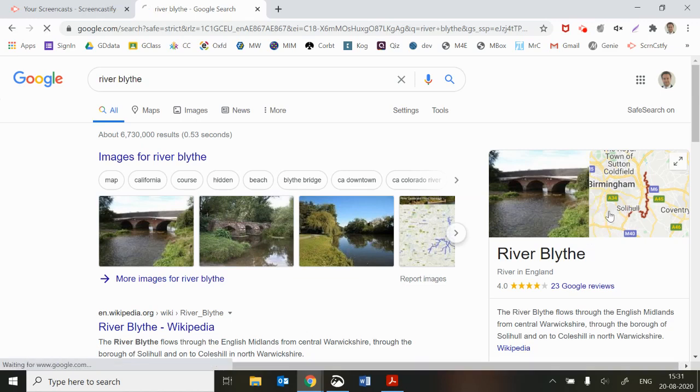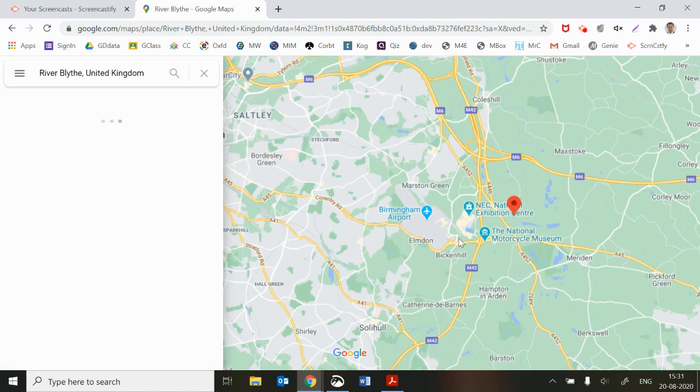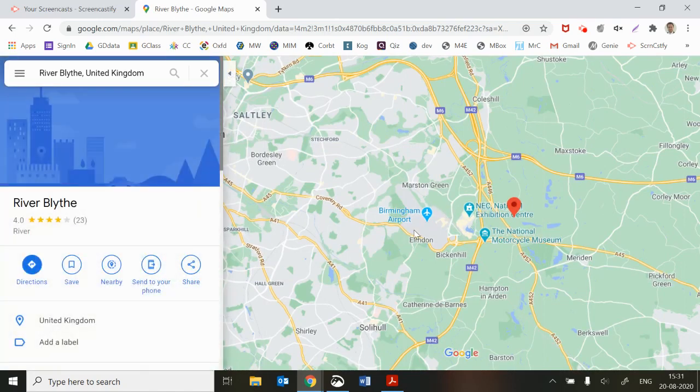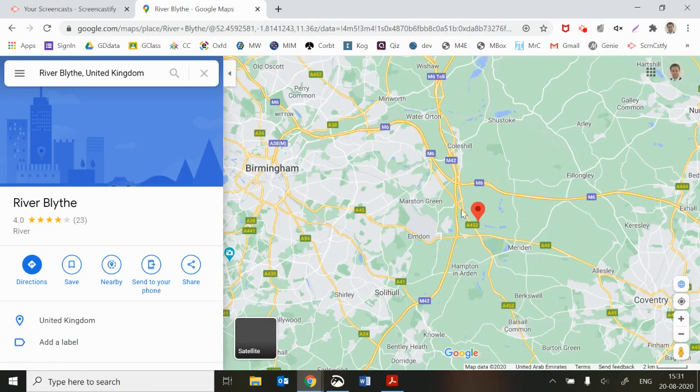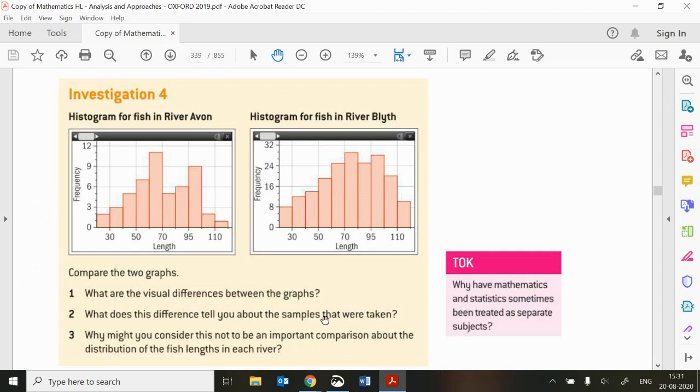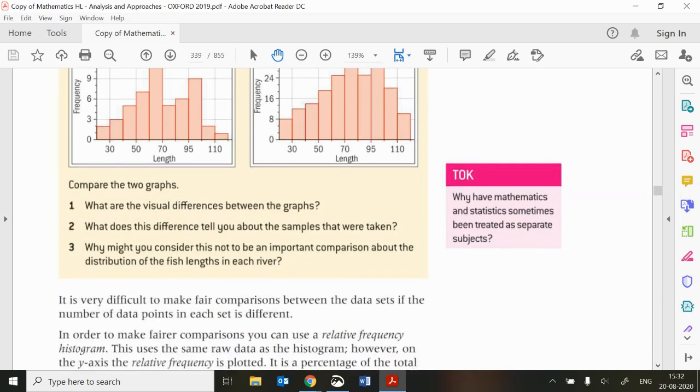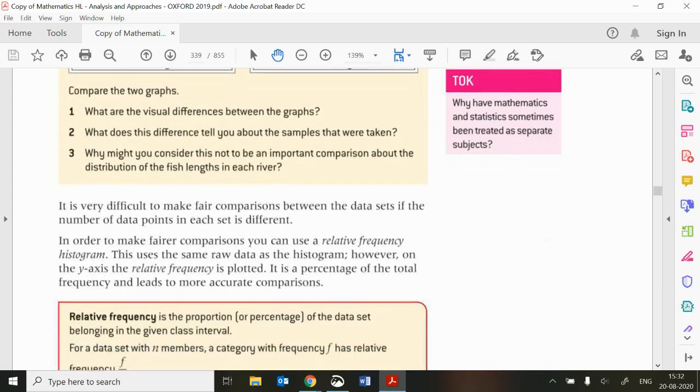Okay, so there we go. It goes through the Midlands and Warwickshire. It's not actually showing it there, but it appears to be going near the NEC. Sorry, just a diversion.